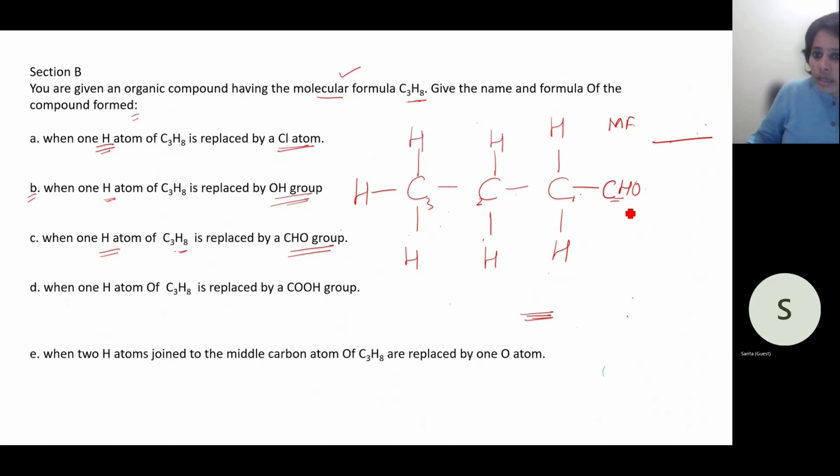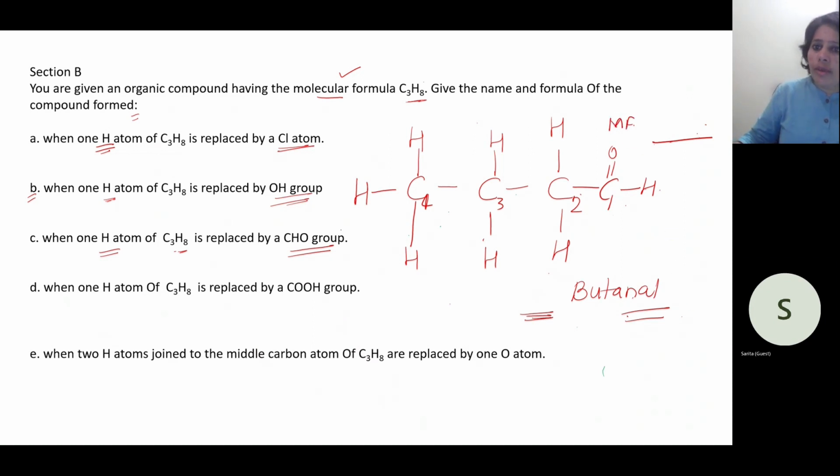Here, either you can write the CHO group like that, or you can write the full C double bond O H. Now, count the carbon atoms here. 1, 2, 3, 4. So 4 means the word root is but, and the aldehyde is present in the first carbon, and the name ending will be al. So the name will be butanal, because it is an aldehyde.